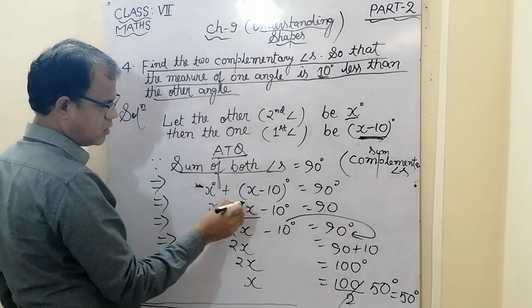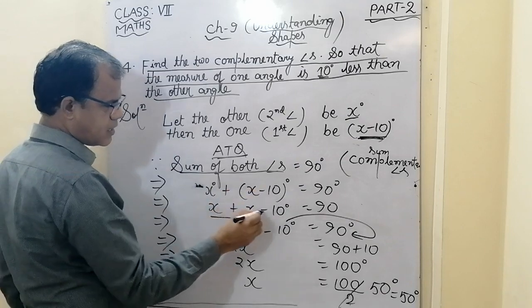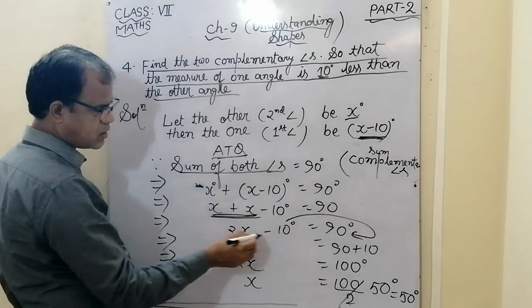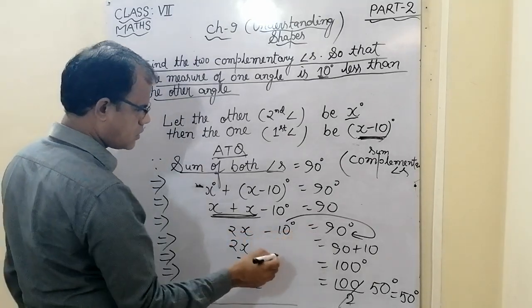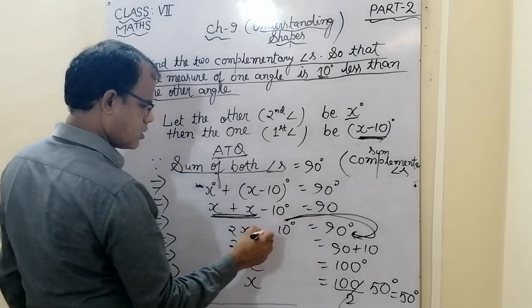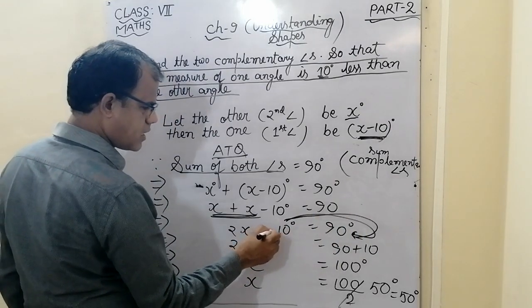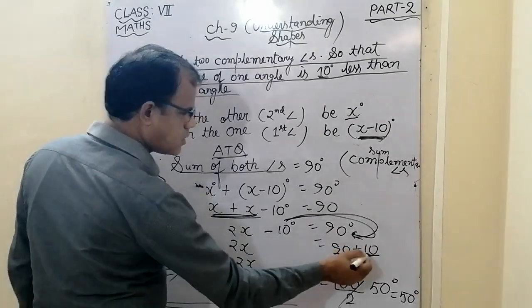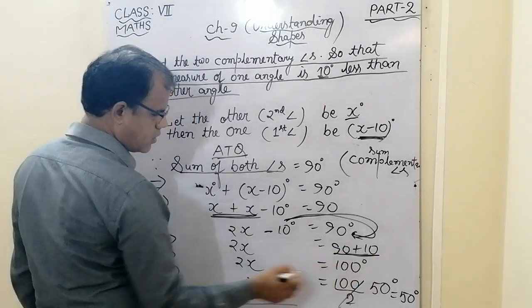So x degree, we remove this bracket, x minus 10 degree. So x plus x becomes 2x degree minus 10 degree equal to 90 degree. Shifting this minus 10 degree to that side, it becomes plus 10 degree. So 90 degree plus 10 degree is 100 degree.